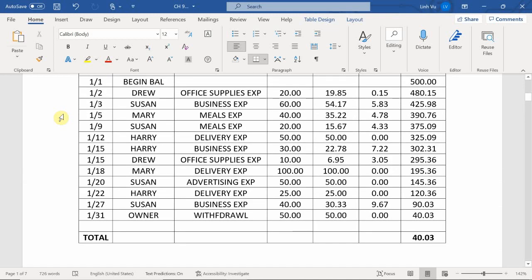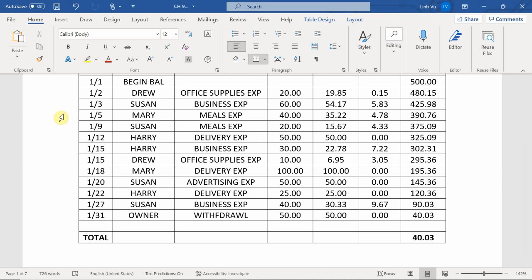Okay. So in this case, let's get the main foundation here. How do you replenish a petty cash fund? Right now I have $40.03 left in my petty cash drawer, and Maribel recognized that there's 12 receipts.